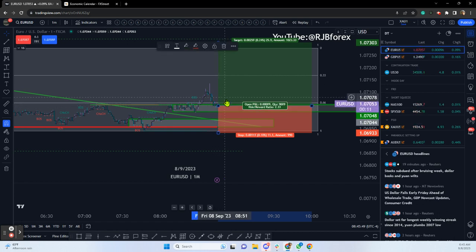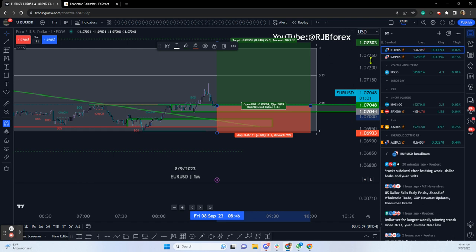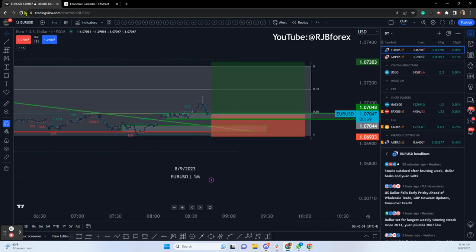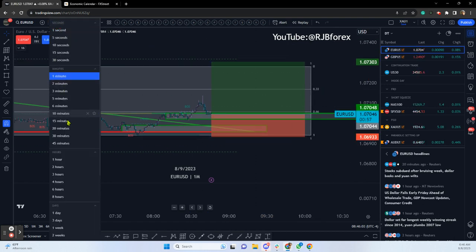But you could always add to your position on confirmations that the price is heading higher, as the price structure shows you that. All right, so that's one way of dealing with that scenario. But yeah, there we are.